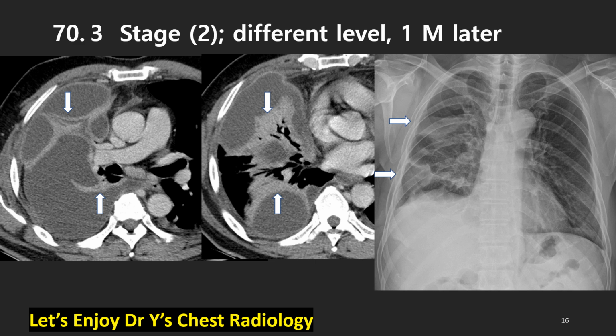These left two axial contrast-enhanced CT images are at the same time as the previous slide of the loculated period. Left one is a little more upper level and the middle one is lower level.